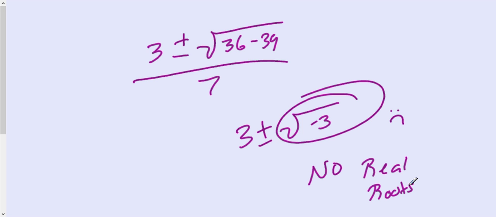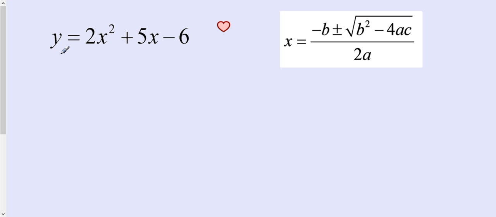We're going to look at one more example today, one where it has roots, but they're not factorable.